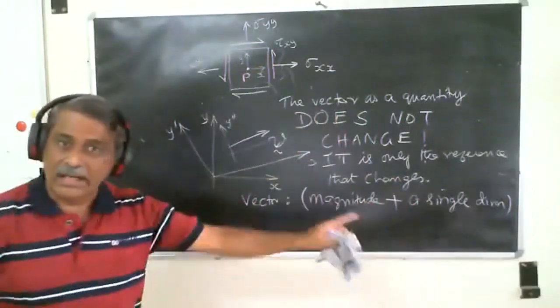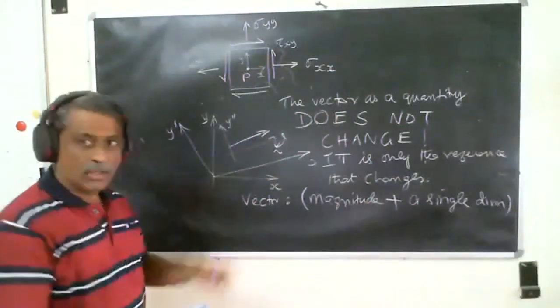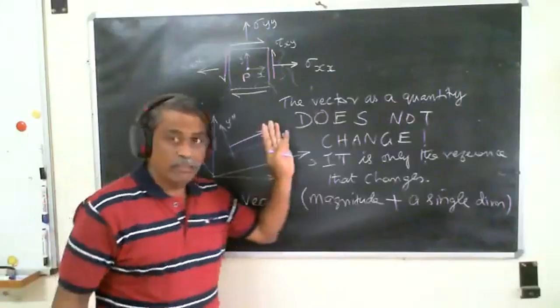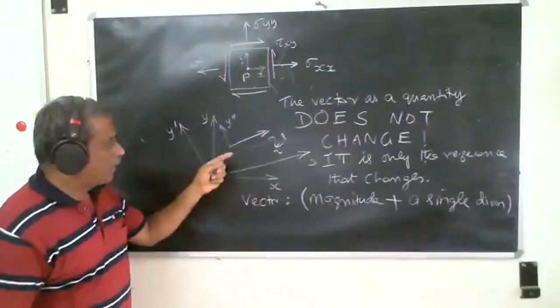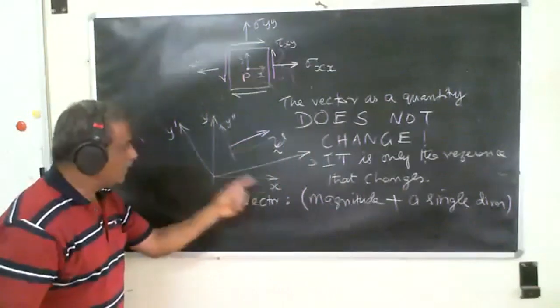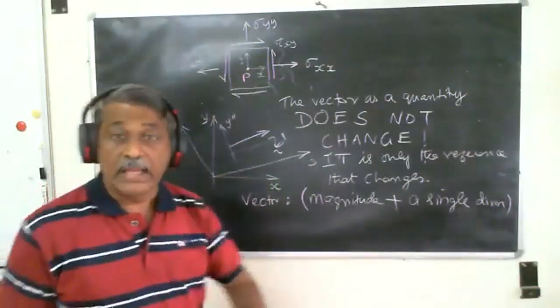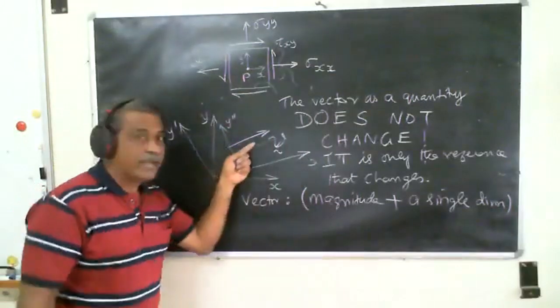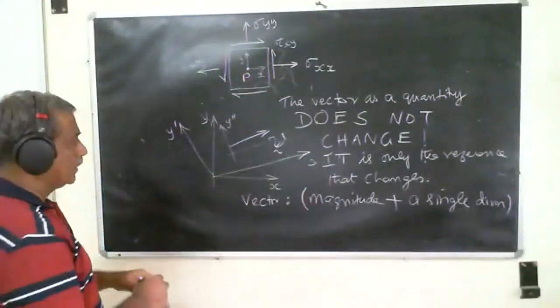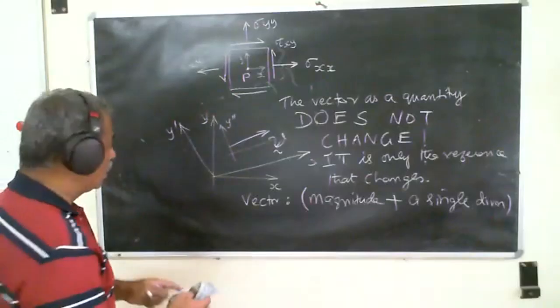A single direction attached to it, correct? That's how I describe a vector. And using that, I'm able to describe or define this vector using any of these references. Even if there are no references, this vector would exist.